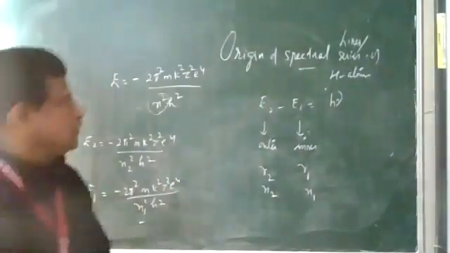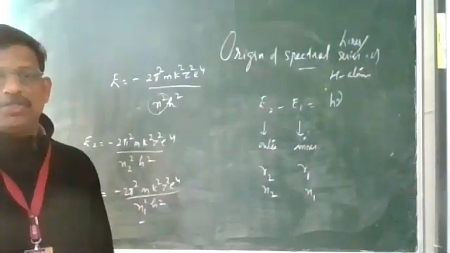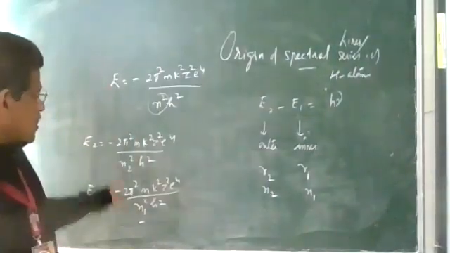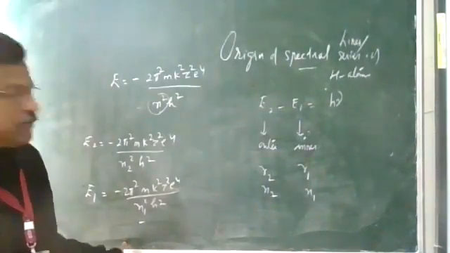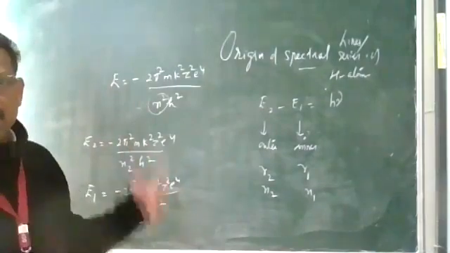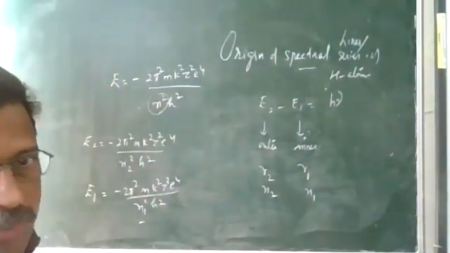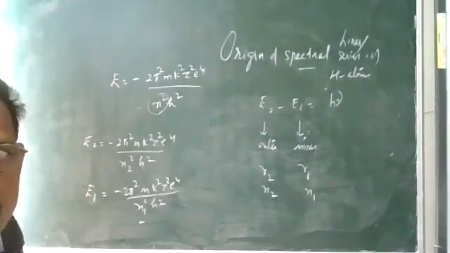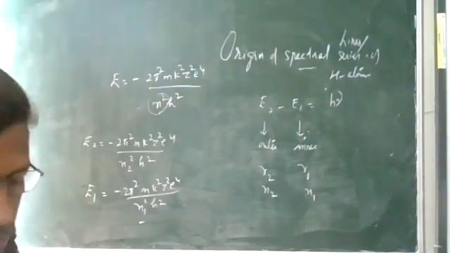Substitute the values here, E2 minus E1 equal to h nu. Common things can be taken outside. Except n1 and n2, all things are common, and that can be taken outside. Substituting these values in this equation, we get the Rydberg formula for explaining the spectral series.